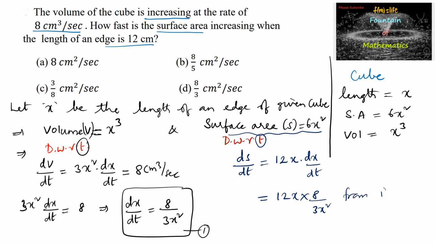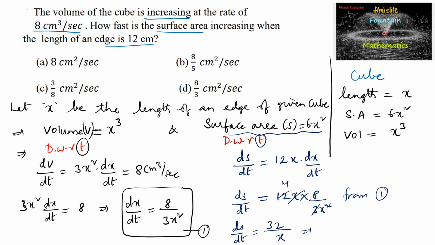So ds by dt is equal to, 3 4 times 4 8s are 32 times x and x square, 1 gets cancelled, so 32 upon x.